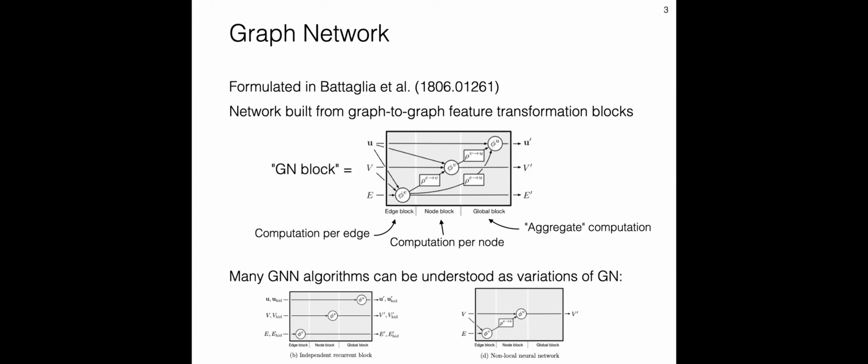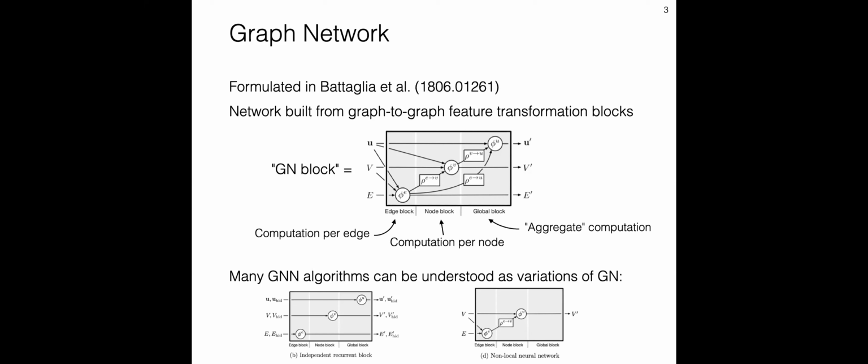In this cartoon, the circled phi's are typically multi-layer perceptrons, the transformations. Each block consists of 3 parts. One is the computation per edge, so it basically involves a loop over edges, but it's a transformation over edges. The second block takes the input from the first; that's the computation per node, the node block. And then finally you have the aggregate computation that takes all these inputs and computes the global property of the graph.